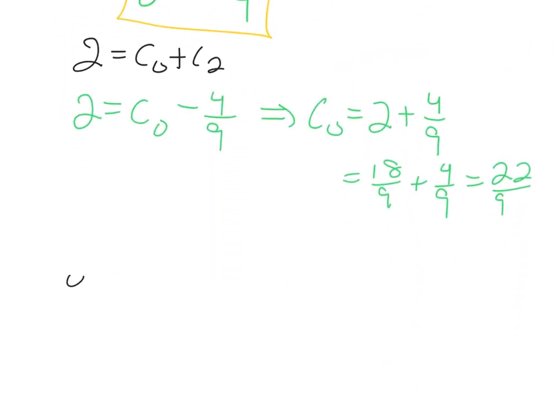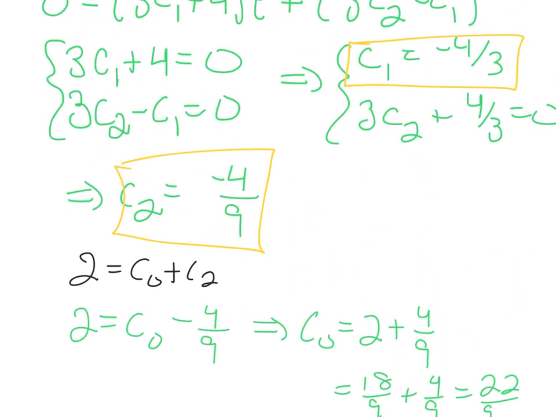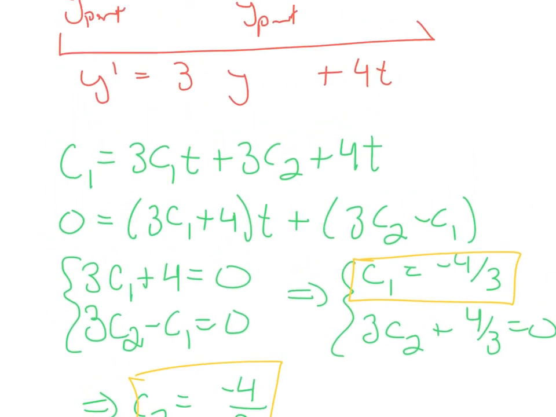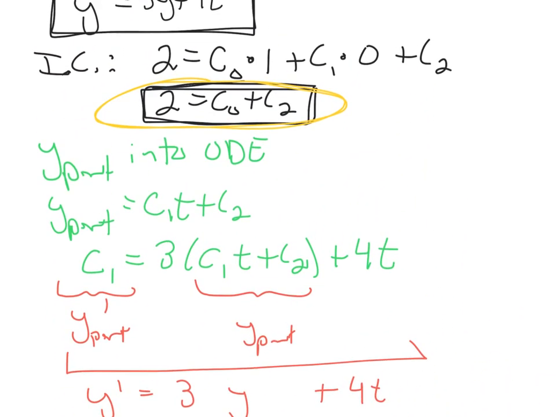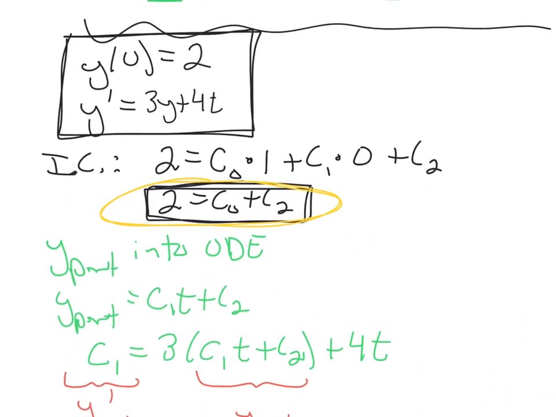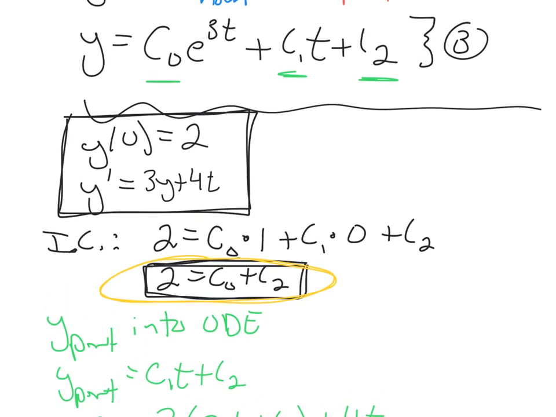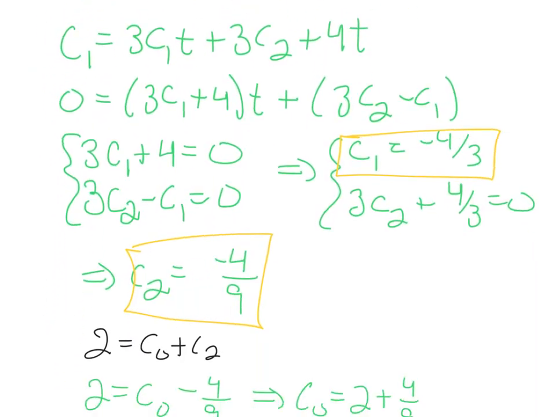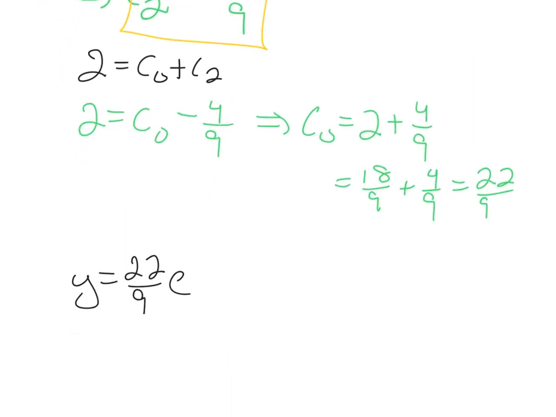So the solution to my differential equation is 22/9, e to the, let's see, what was my rate? I forget. Let's come back to it. Way up here. There it is. 3. So e to the 3t, plus, now I've got my linear term, so that's minus 4/3.